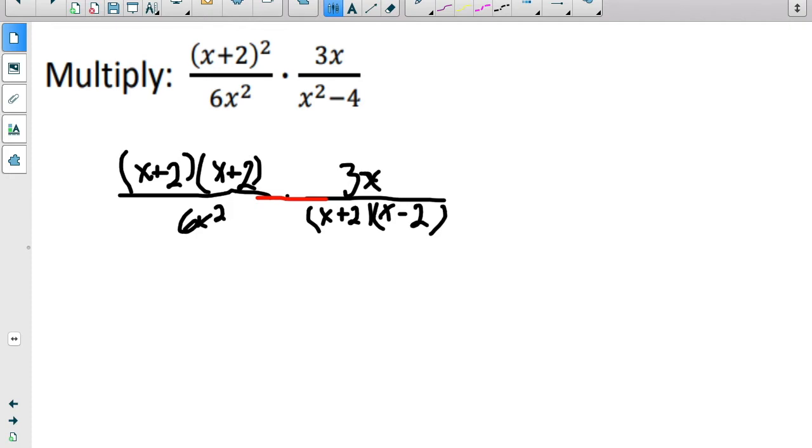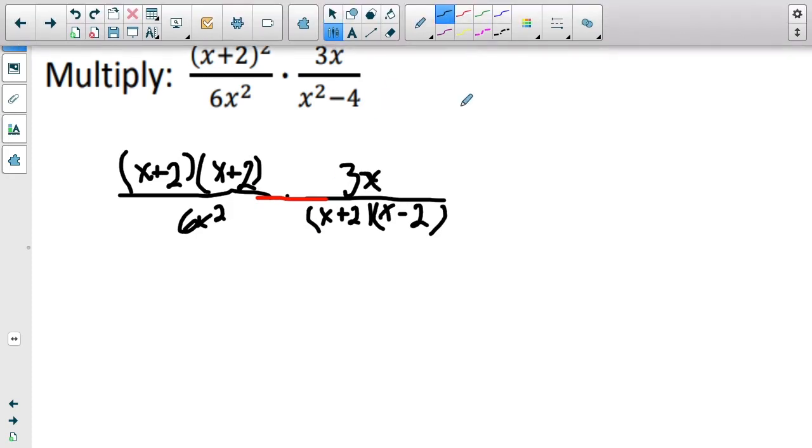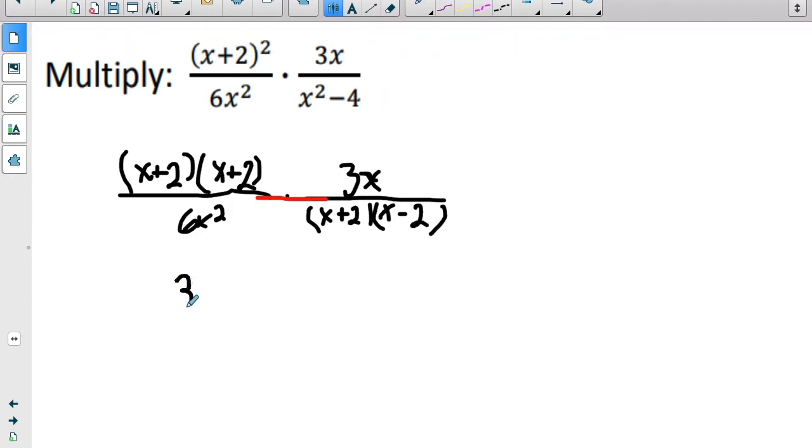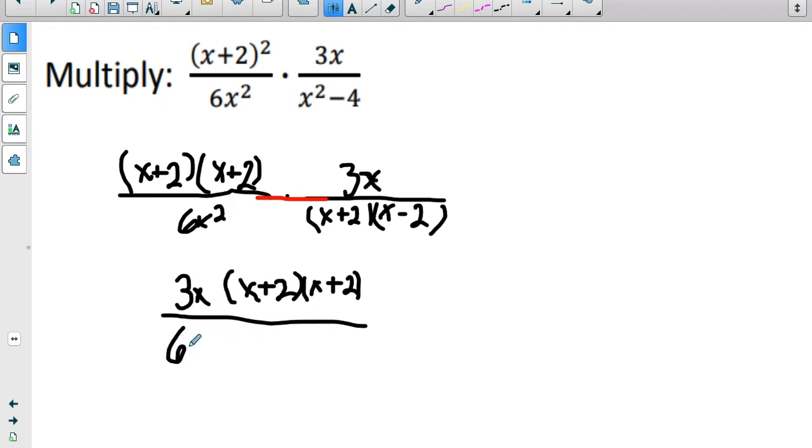And then we can multiply these together. And I haven't been doing this of late, but if we multiplied them together, we would get 3x times (x plus 2) times (x plus 2) all over 6x squared times (x plus 2) and (x minus 2).